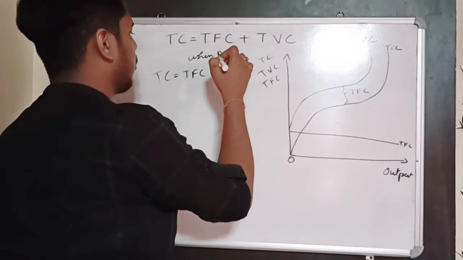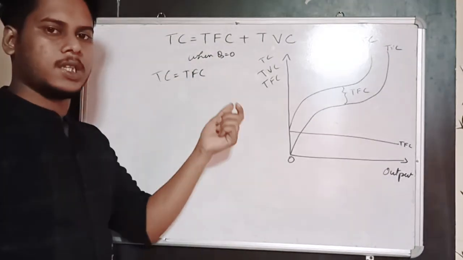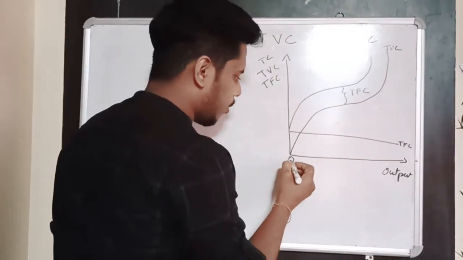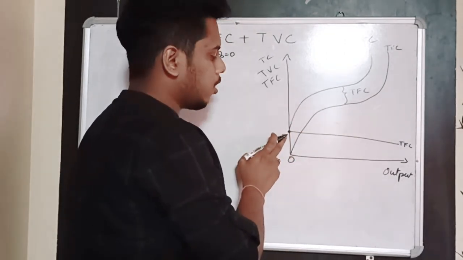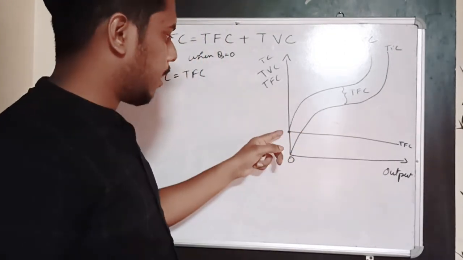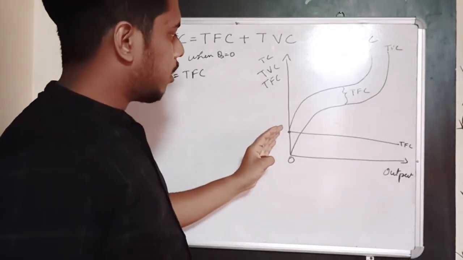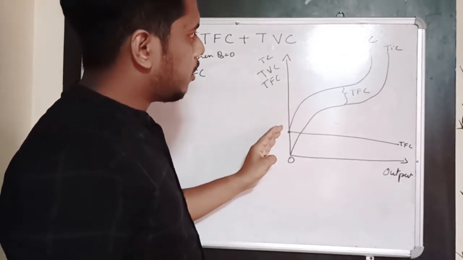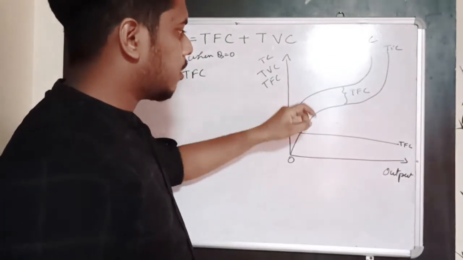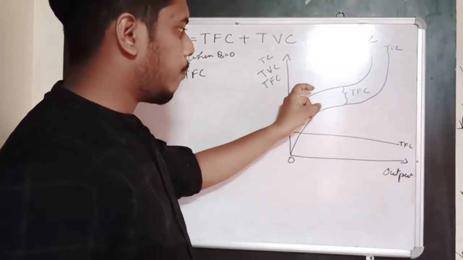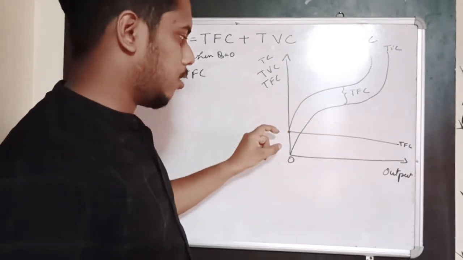So when Q is zero, your total cost and total fixed cost are same. They have originated from the same point. And the TC goes parallel to TVC. Why? Because the size of total fixed cost, that is the gap between them, remains constant.